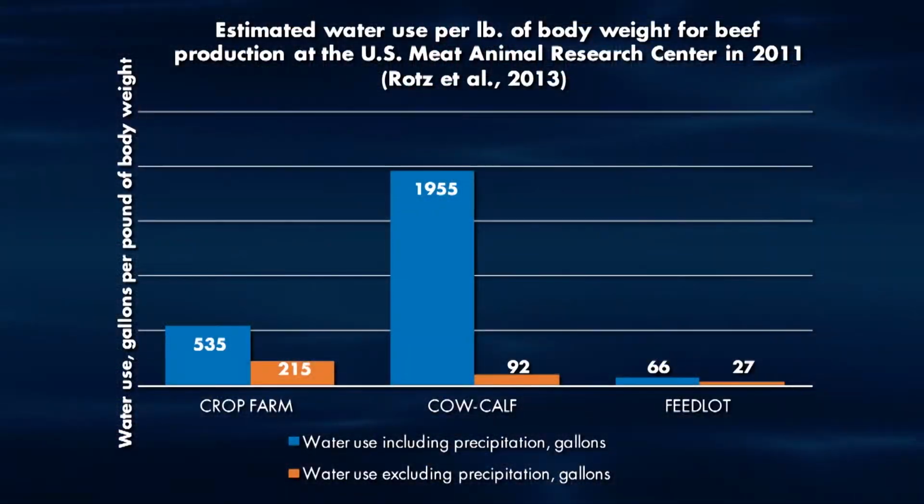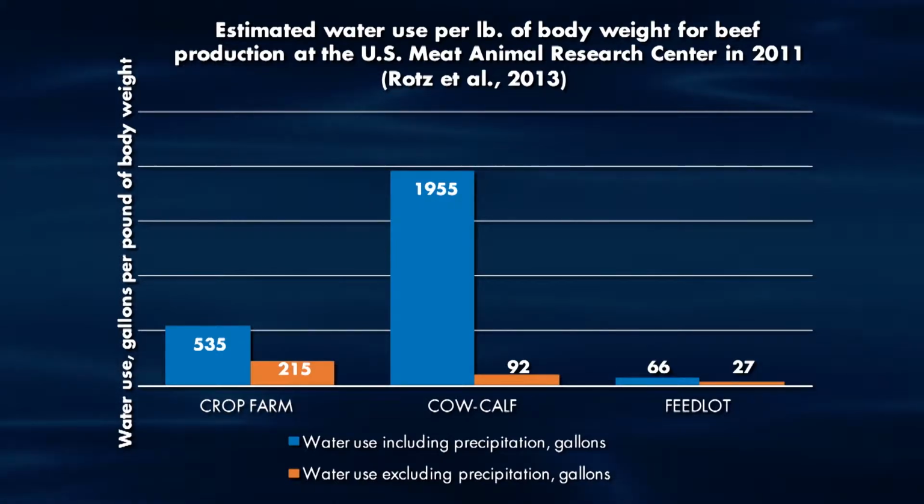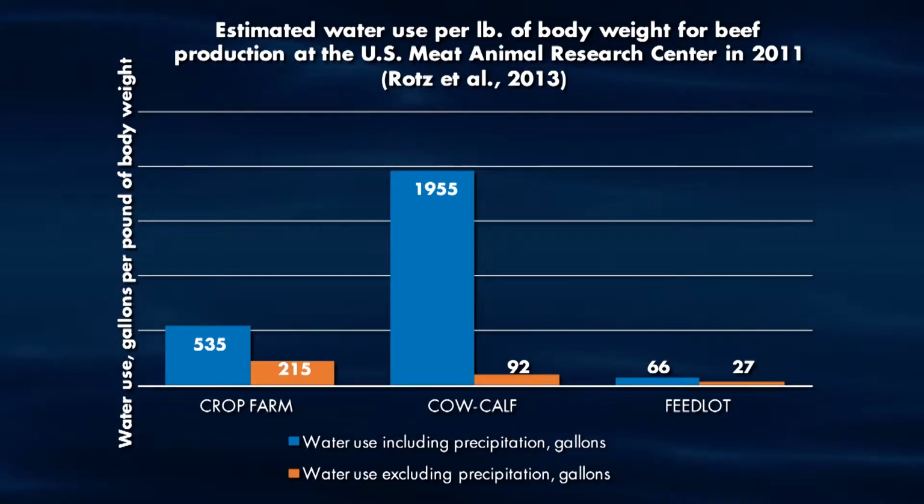As can be seen in the figure, when precipitation water was excluded from their analysis, water use declined in each part of the beef production chain. Another interesting observation is that the largest water-using segment for the beef production chain depended upon if precipitation water was included or not.